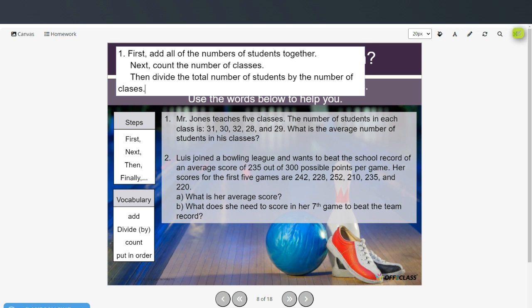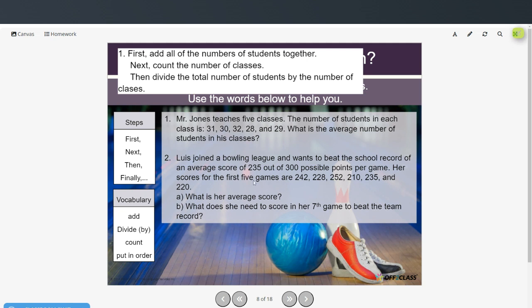Then Luis joined a bowling league and wants to beat the school record of an average of 235 out of 300 possible points per game. Her scores for the first 6 games are 242, 228, 252, 210, 235, and 220. So to find the average again, you would add all these together and then divide by 6.